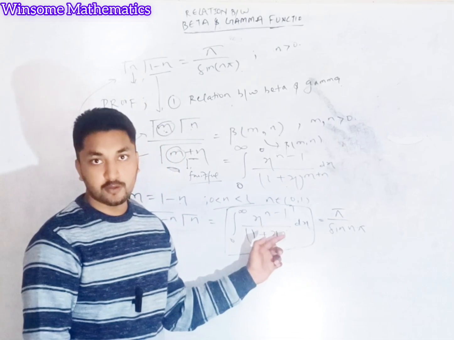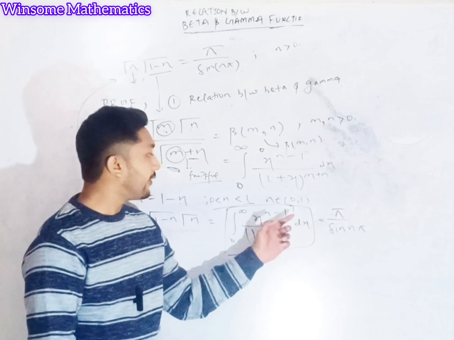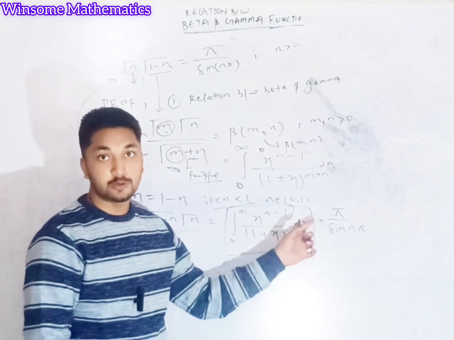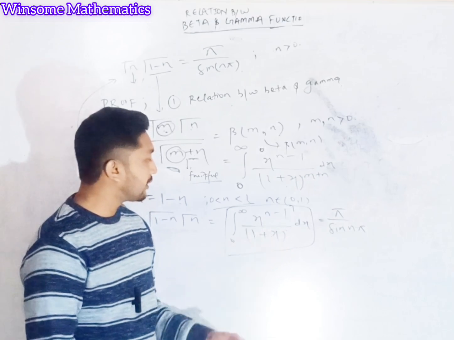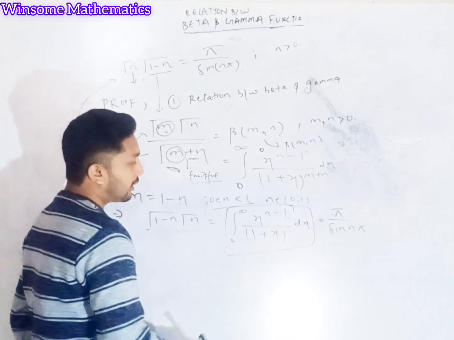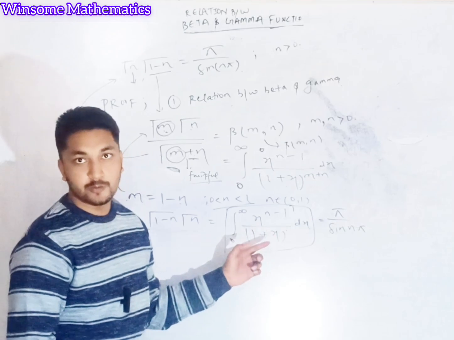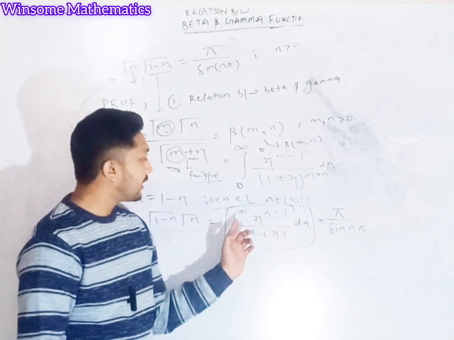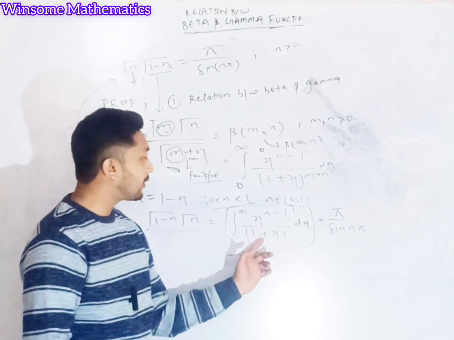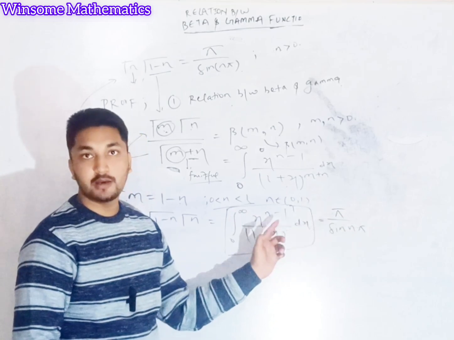This is beyond the scope of beta and gamma functions. We need to use complex analysis to prove this, by using Cauchy's integral theorem, that is by observing the poles and using the contour property. So this is beyond this scope. Just simply learn that the integral from 0 to infinity of x to the power n minus 1 upon 1 plus x is equal to pi upon sine n pi.